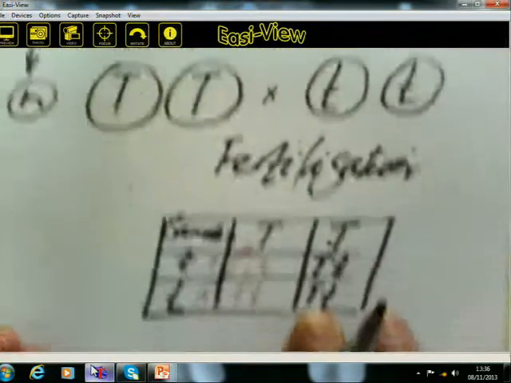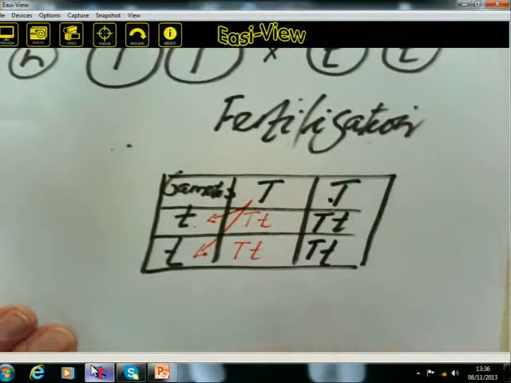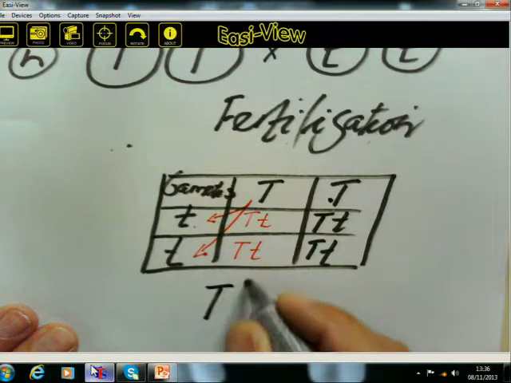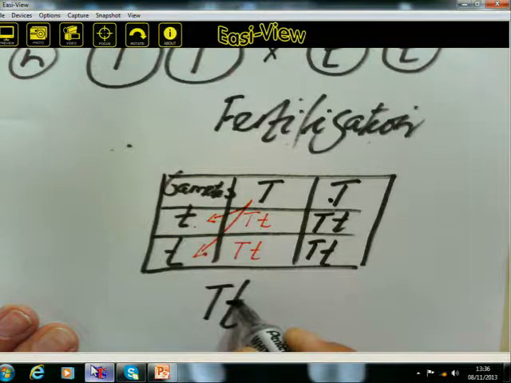And the offspring produced between a true breeding tall growing plant and a true breeding dwarf plant results in plants that will phenotypically all be tall growing plants. The offspring, phenotypically, they will all be tall growing plants.